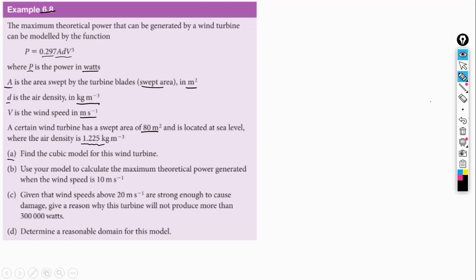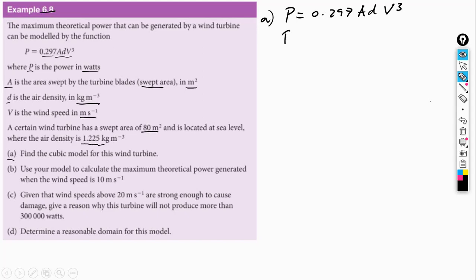So they are telling us that the model is P equals 0.297 times the area swept times the density of the wind times the velocity cubed. So what we have to do is substitute here for the area and the air density.